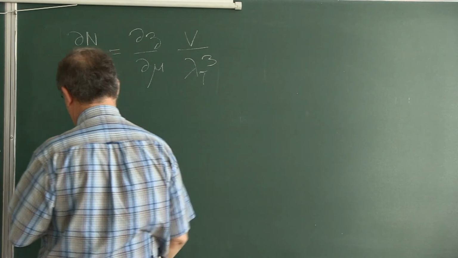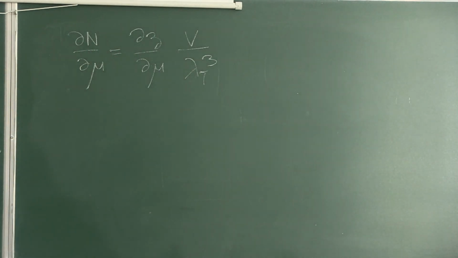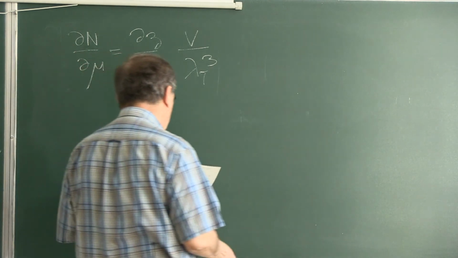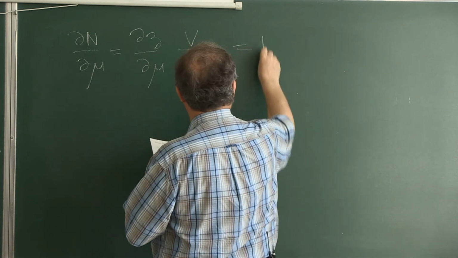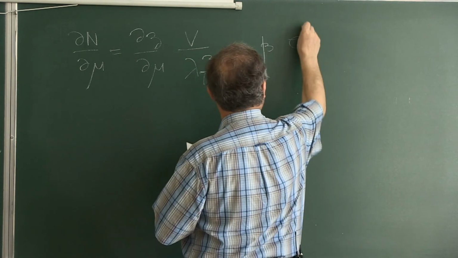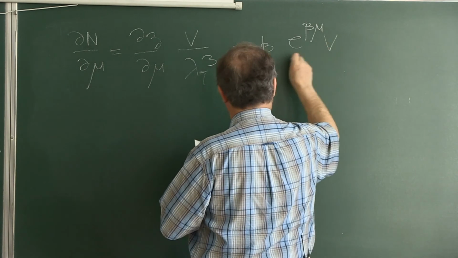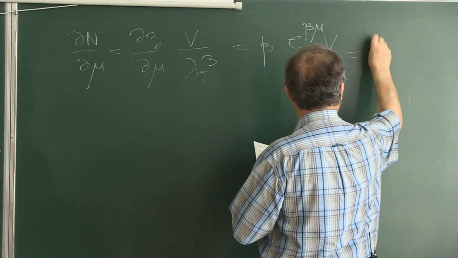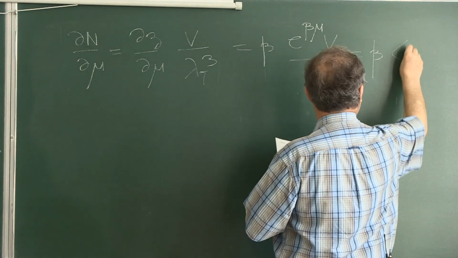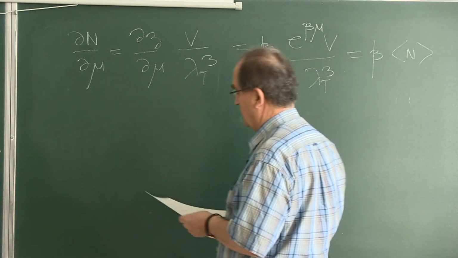Well, we have the result at our hand, so we can calculate these. That comes out to be beta e to the beta mu times V over lambda T cubed, or beta times the average number of particles.